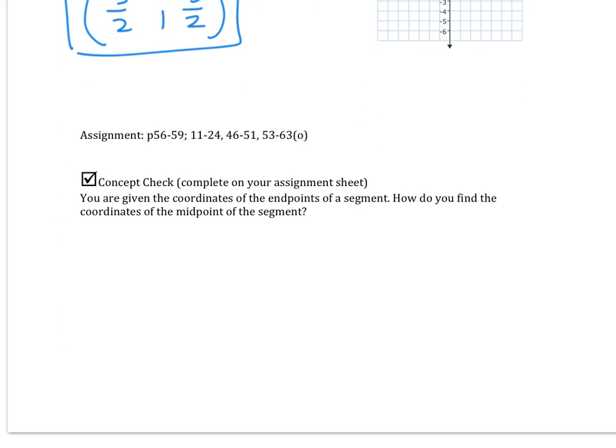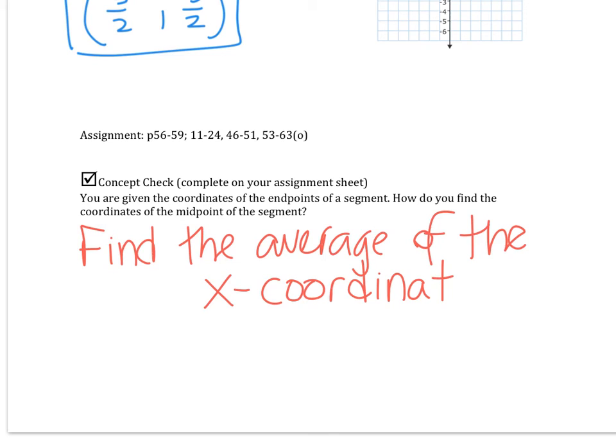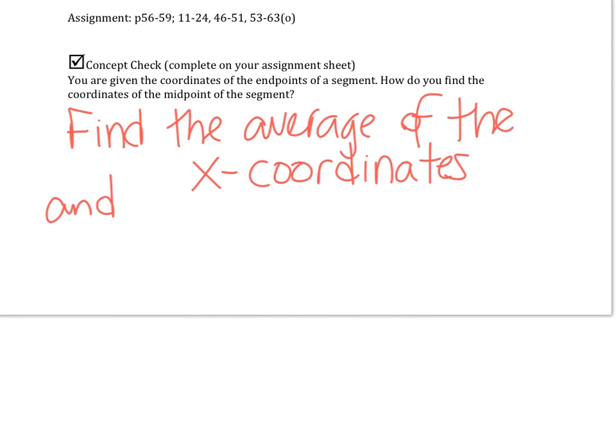Okay, so our concept check says you're given the coordinates of the endpoints of a segment. How do you find the coordinates of the midpoint of the segment? You find the average of the x coordinates and you find the average of the y coordinates.